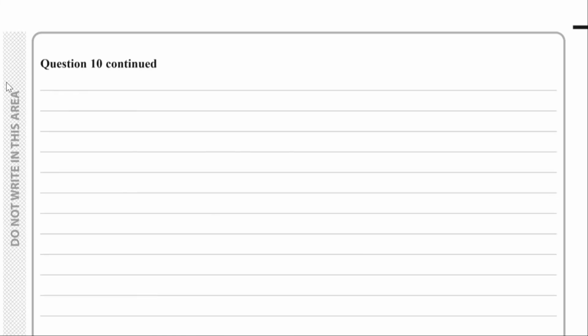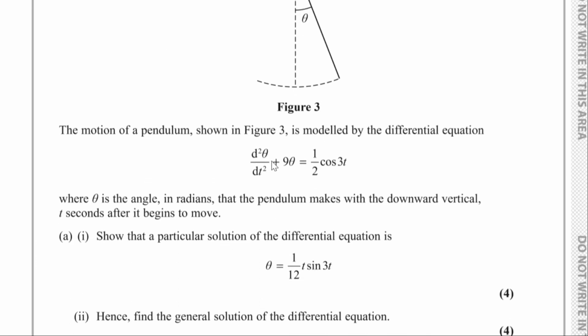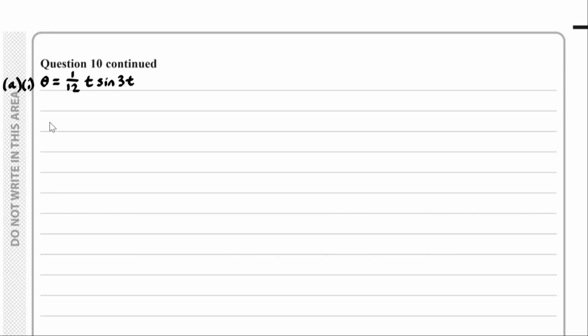So for part A, if I have theta equaling 1/12 t times sine 3t, then I need to show that that fits into this, so I somehow need a d squared theta over dt squared. So the first thing I need to do is find out what d theta over dt is. And for this I need to use the product rule.